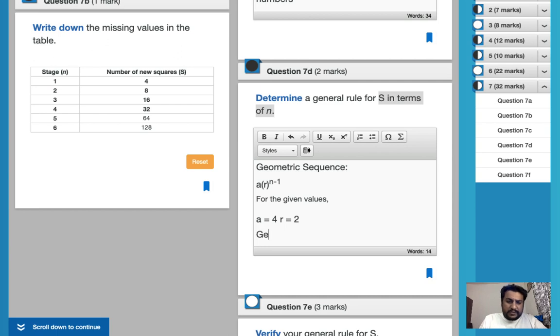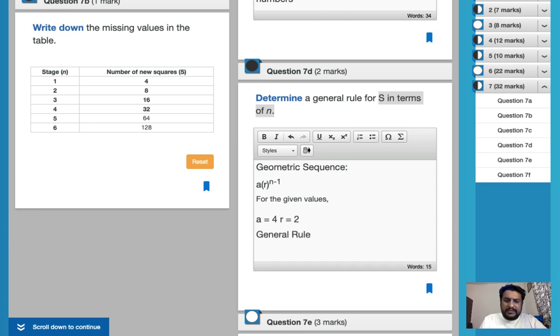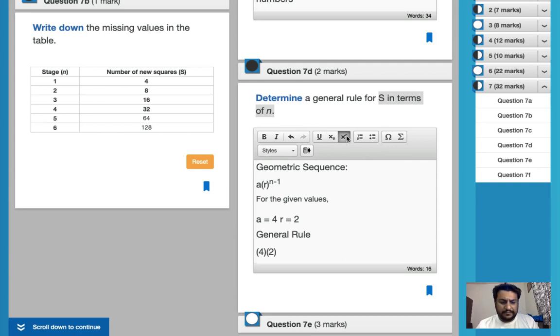So the general rule is, now make sure we write it in terms of S and N. First I write down the general rule, then I replace the values in my general rule accordingly. I start with first term 4, then 2 to the power n minus 1.